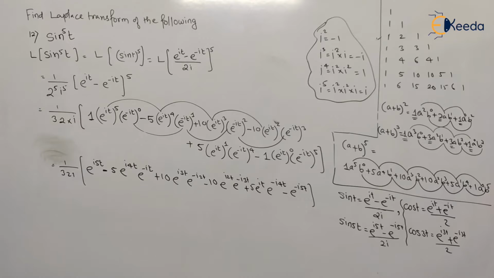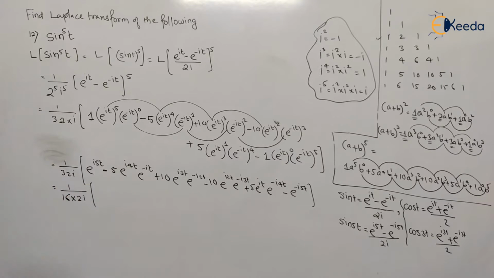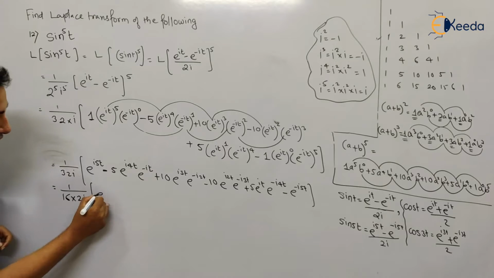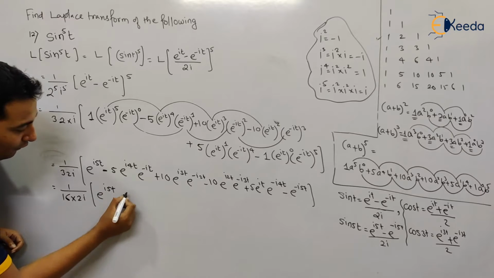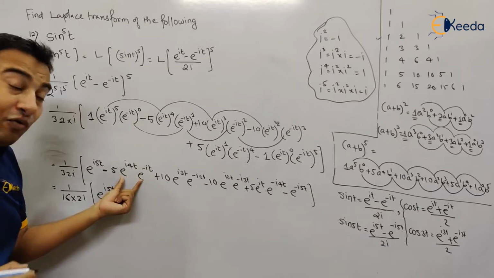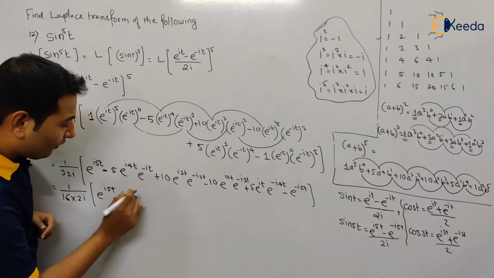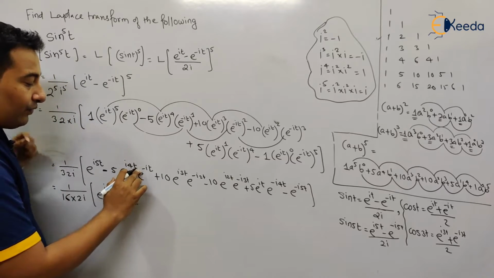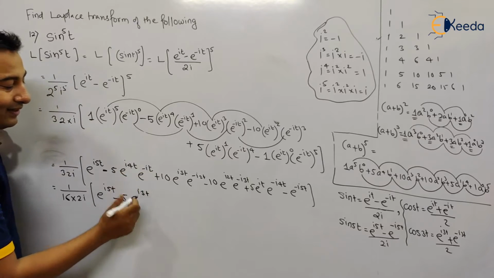So let us further simplify it. Here 32 you can write it down as 16 into 2, that is perfectly okay, no problem. So the first term is e raised to i 5t. Next, minus 5 e raised to i 4t minus it. So if you multiply these two, the powers will be added. So e common, i 4t minus it will be i 3t. 4 minus 1 is 3.